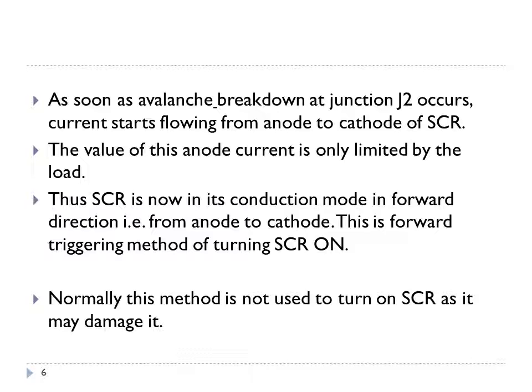The SCR is now in its conduction mode in the forward direction, from anode to cathode. This is the forward triggering method of turning the SCR on. Normally, this method is not used to turn on the SCR as it may damage it, because of the breakdown in J2. So normally this method is not advised.